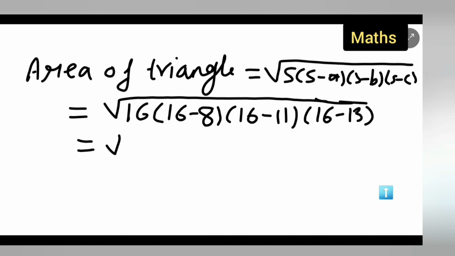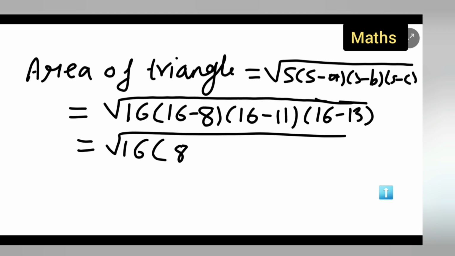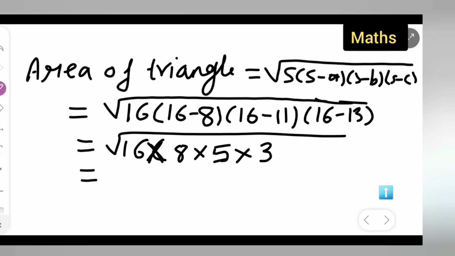So let us see what answer we are going to get. So basically this is root of 16 into 16 minus 8 will give you 8, multiplied by 16 minus 11 will be 5, multiplied by 16 minus 13 will be 3.